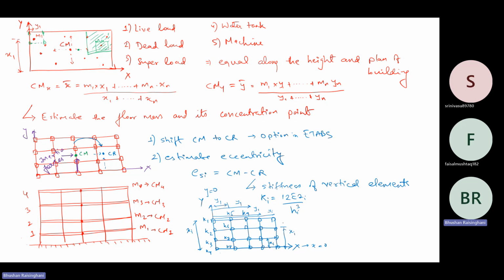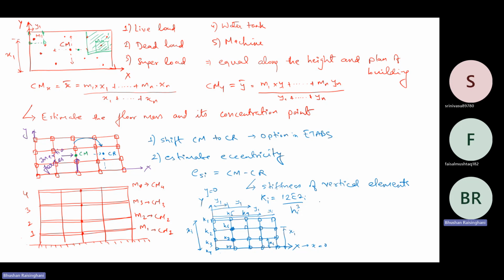So that you have to take care. The rest you will get as some XY coordinates. So here there will be an XY coordinate, here another XY coordinate. Along the x-axis and along the y-axis, y and x will be equal to 0. So now you have estimated the k value.